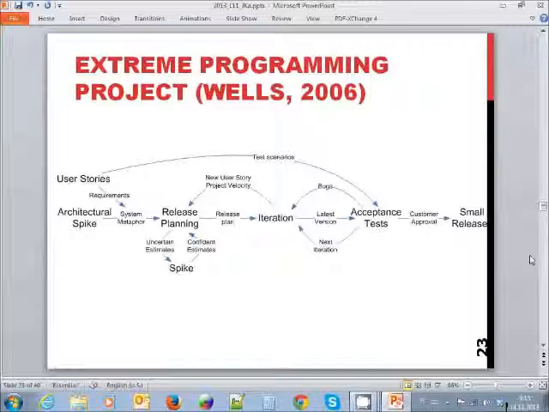Then by doing iterations, we create software in iterations that take 1 day, 1 week, adding new features, adding new things into software, do acceptance test for the software for that iteration, accept the changes with the customer, not necessarily formal acceptance, just once per week showing the customer that okay, now this looks like this.